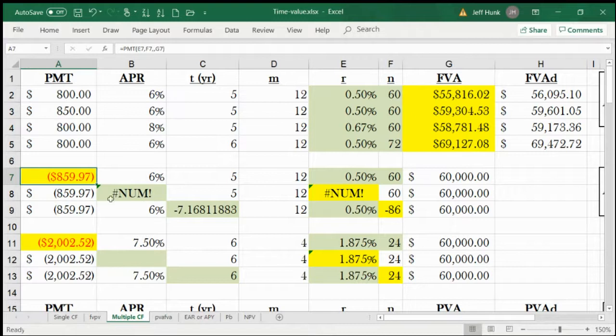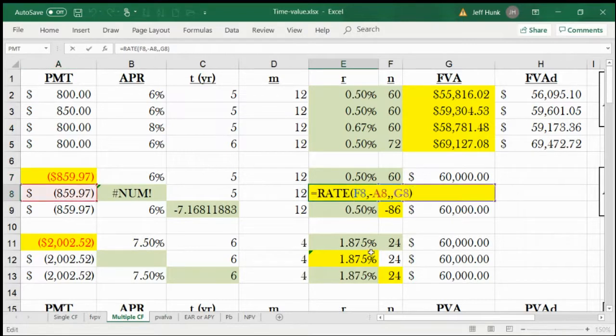Why? Because look, previously this was not negative, right? And we made it negative in the formula, right?